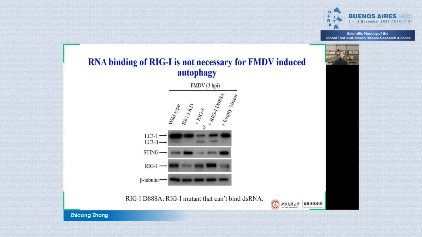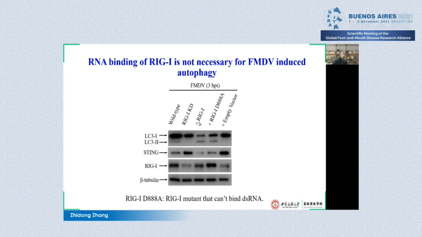The next question is, when the viral RNA gets into the cells, RIG-I, which is the foreign viral RNA sensor, will sense the viral RNA derived from RNA viruses. Here you can see that when we knock down RIG-I, autophagy does not occur.